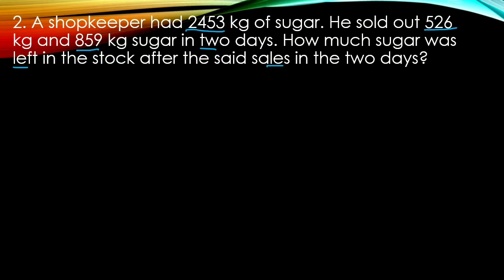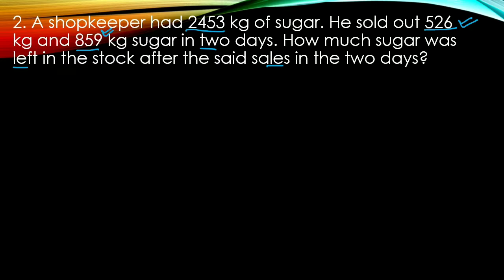Firstly, we have to find out how much sugar was sold in 2 days. So to find total sugar sold in 2 days, we have to add 526 and 859.